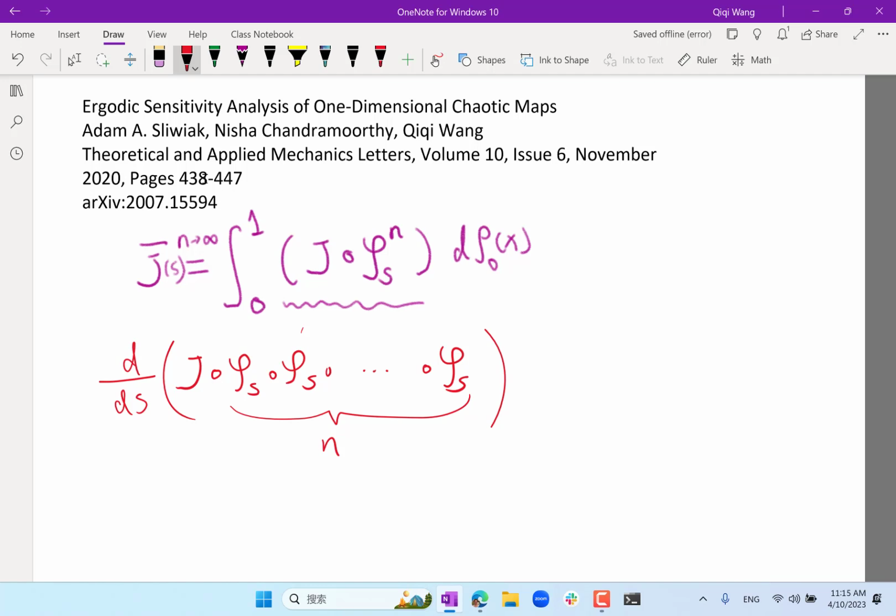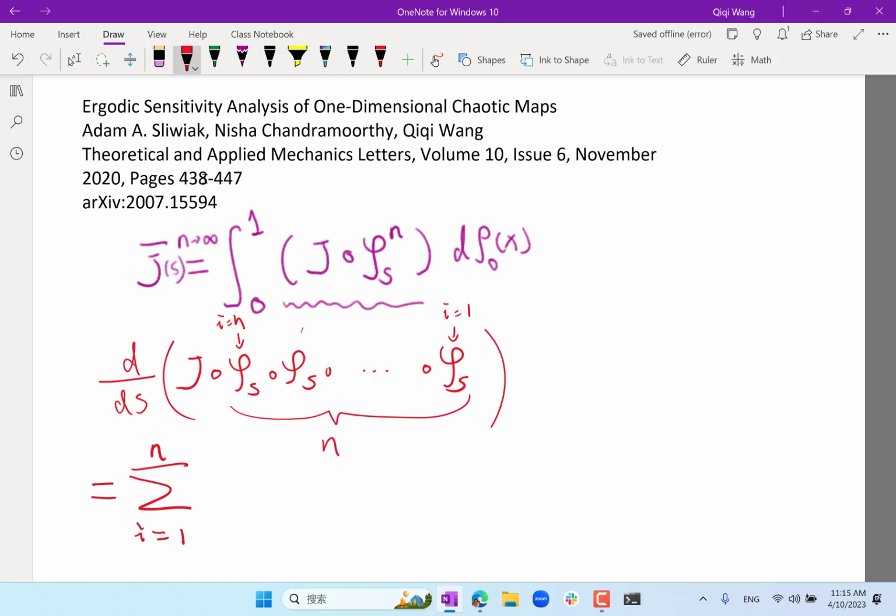You can just think of these as n functions, each of them depends on s, and the total derivative should be the summation of perturbing just one of them and adding it together. So it is really the sum of, let's say, i goes from 1 to n, where if I perturb this function, it's i equal to 1, and if I perturb this function, it's i equal to n. So I'm adding up the result of perturbing each function in the chain individually.